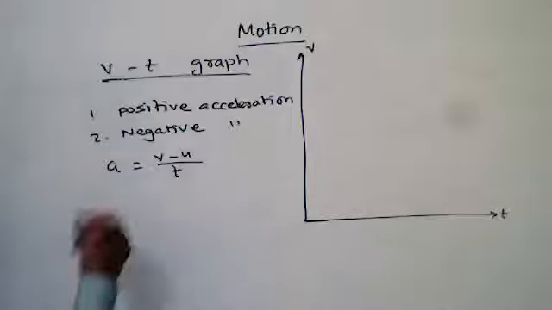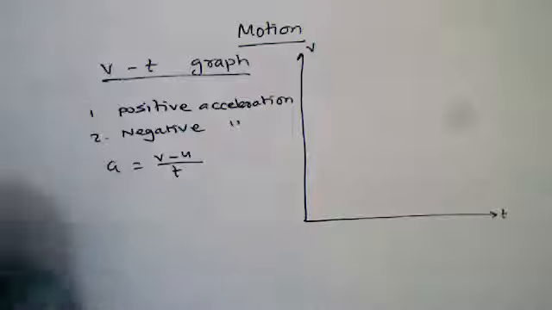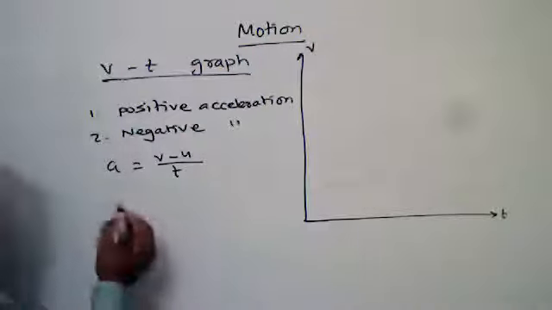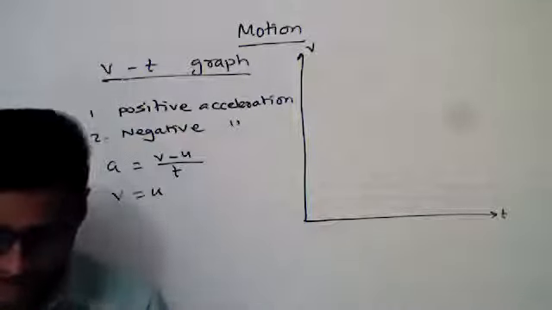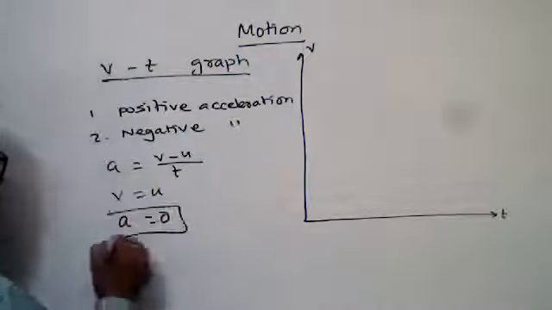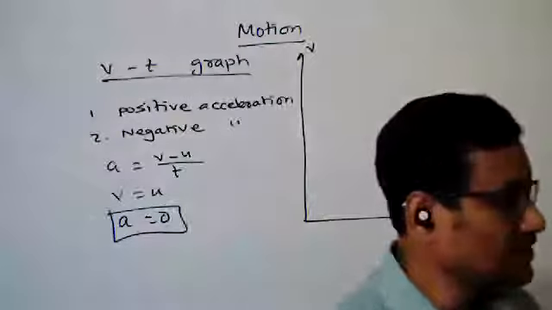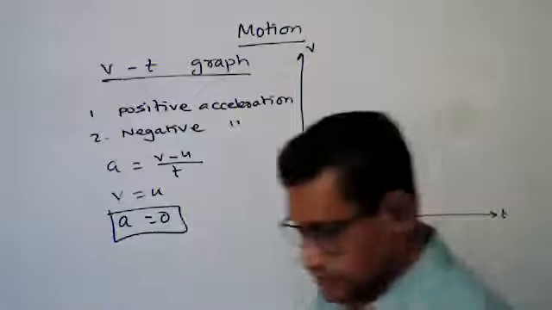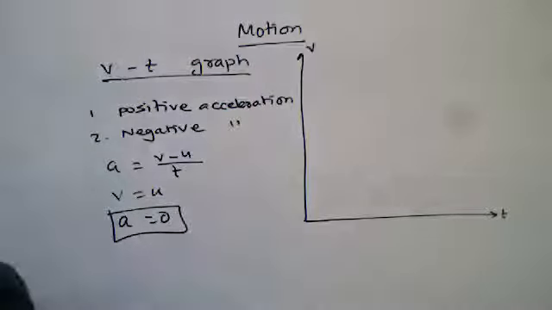If the body moves with a uniform velocity, that means there is no change of velocity. No change of velocity means the initial and final velocity are equal, or v equals u. Then a equals 0. So if a body moves with uniform velocity, there is no change of velocity and the acceleration is 0.